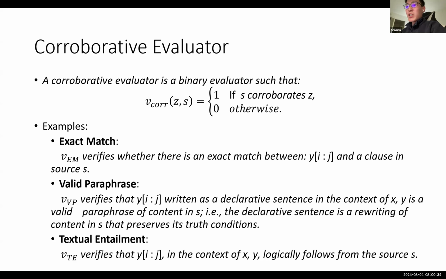It is a very strict evaluator. There are also two alternatives. One is the valid paraphrase. The paraphrase here means that as long as your source retrieved from the domain could support your claim, we view that as a valid attribution. There could also be textual entailment, which means as long as you could logically derive the claim from your source, then you are okay.